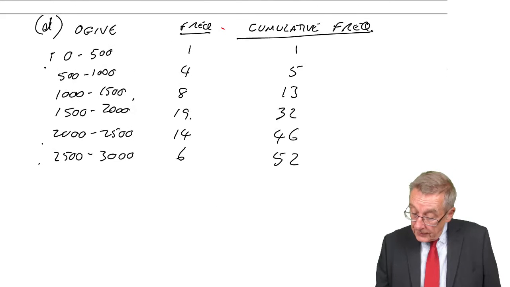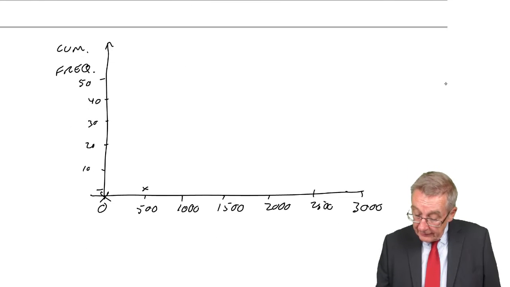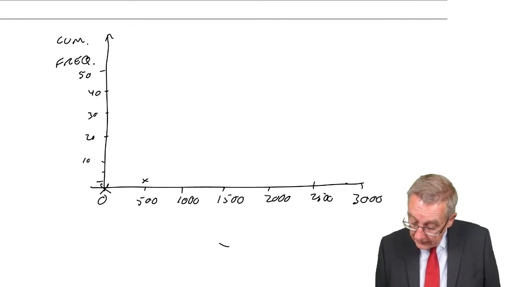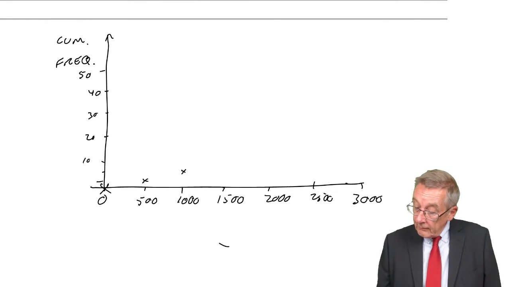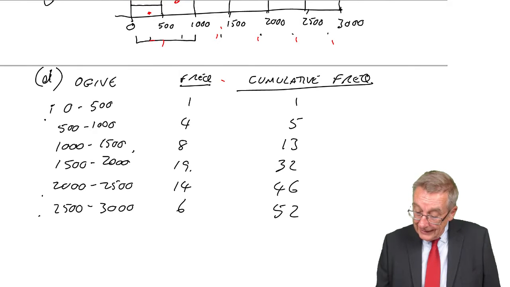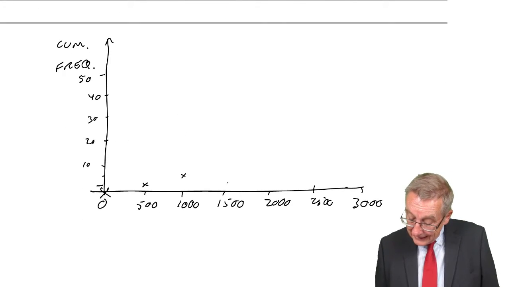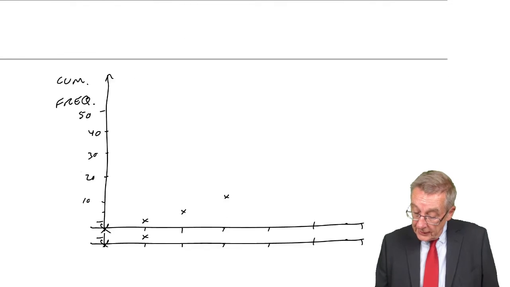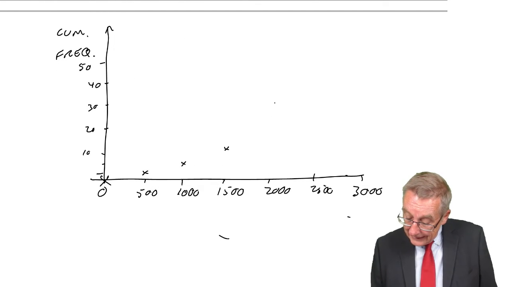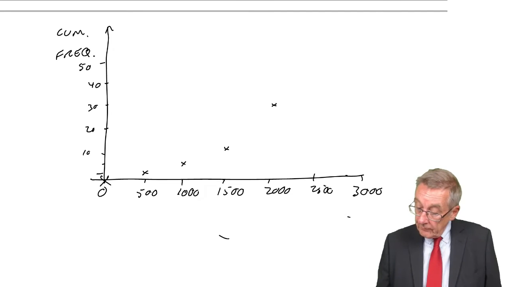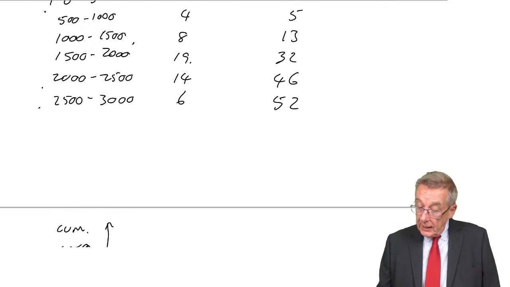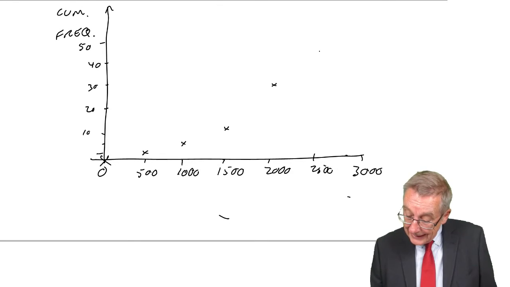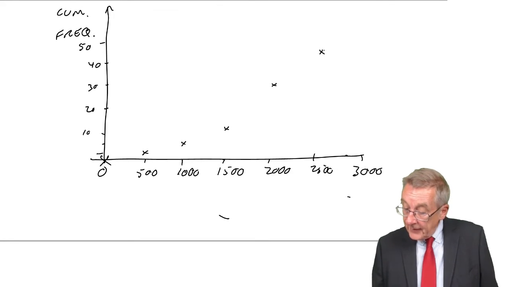Up to 1,000 was a total of 5. Up to 1,500, a total of 13. Up to 2,000, a total of 32. Up to 2,500, a total of 46. And finally up to 3,000, well, of course, that was all 52.